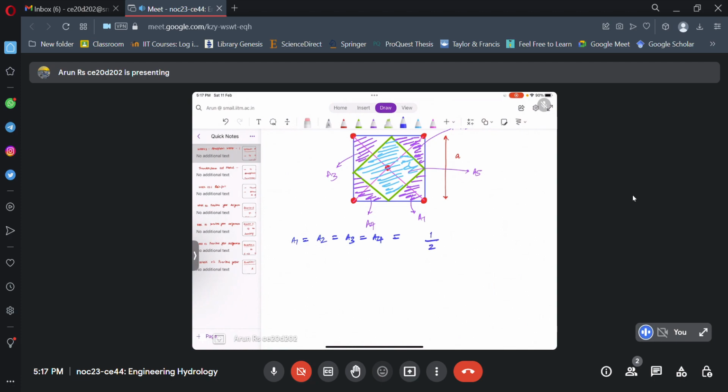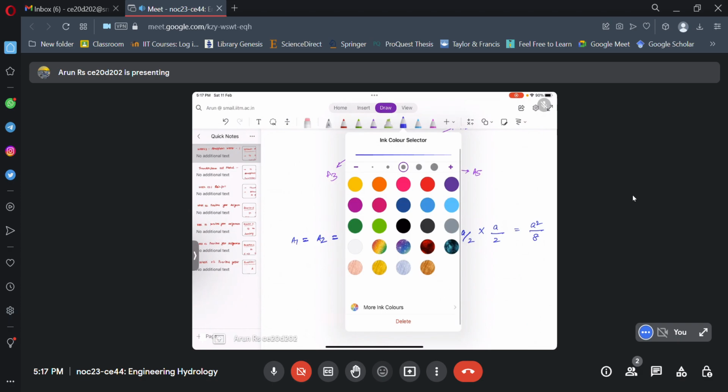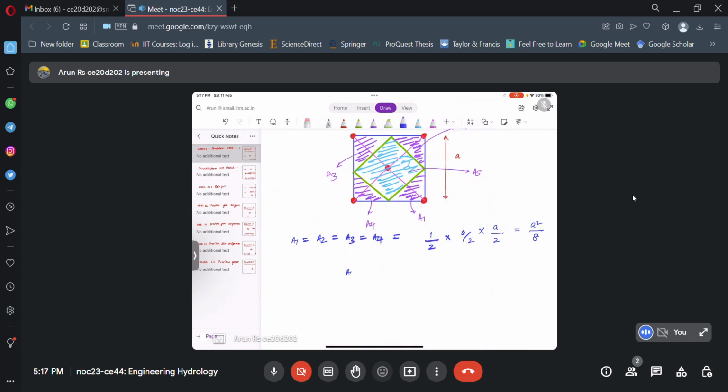So that is half into base, which is this much, and your height is also A by 2, which is simply A square by 8. And the area of the inner square, that is A5.